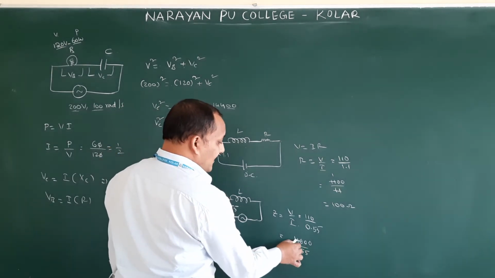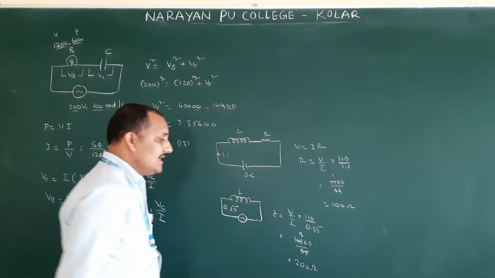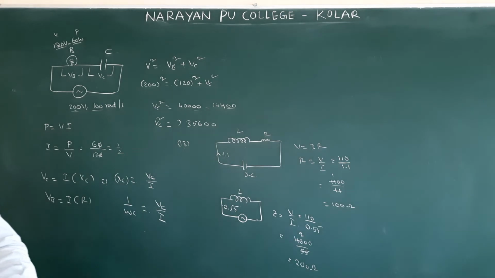Then 55 in 110 goes 2 times, so 200 ohms. Z is nothing but the impedance. The impedance value we got is 200 ohms, which is one of the options.